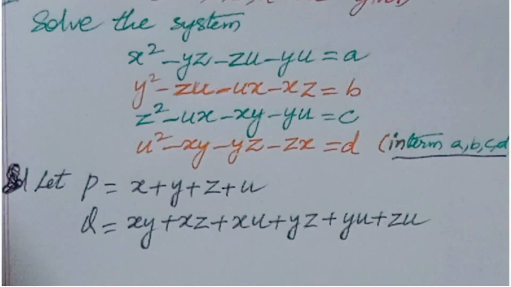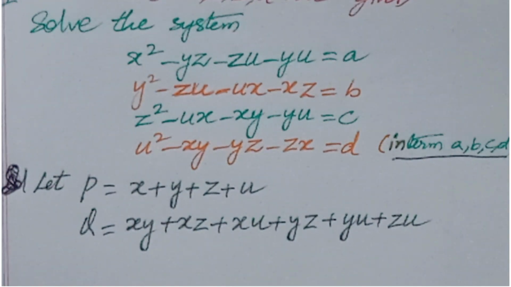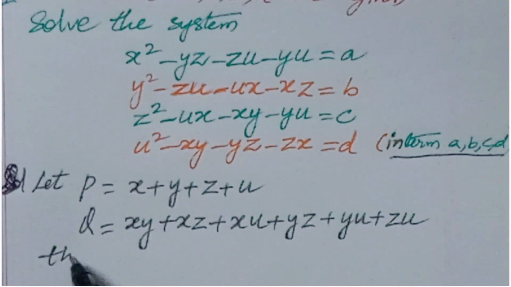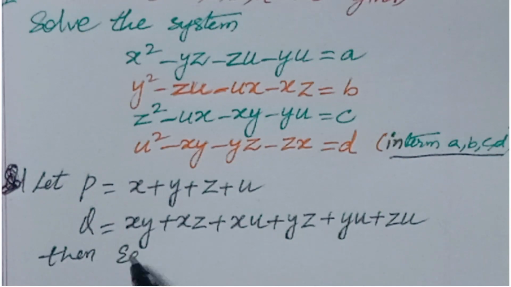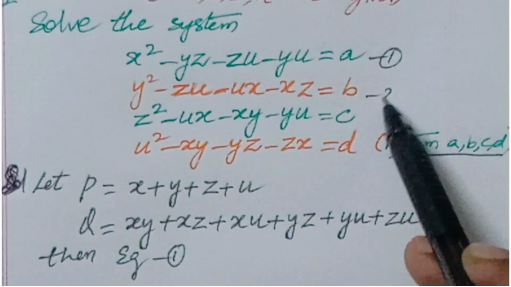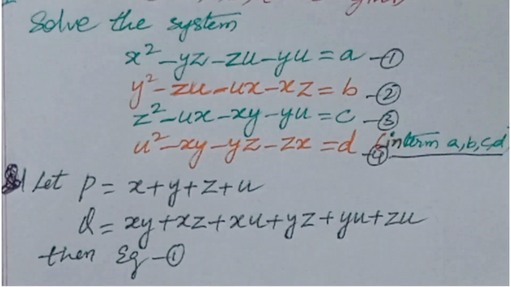So we are assuming that p and q are some values in terms of x, y, z and u. Then this is equation 1, this is the second one, this is the third one, and this is the fourth one.